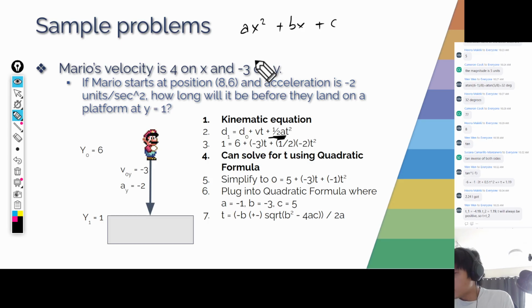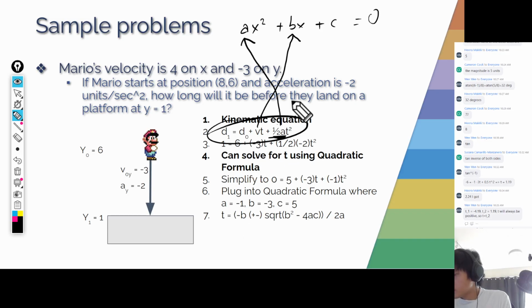The kinematic equation is this, where that maps to that. Half a in the kinematic equation is a in the quadratic equation. Okay, vt is that, so v is b.